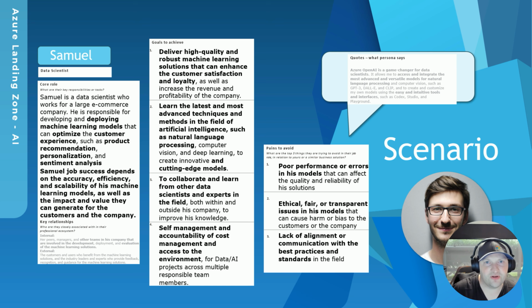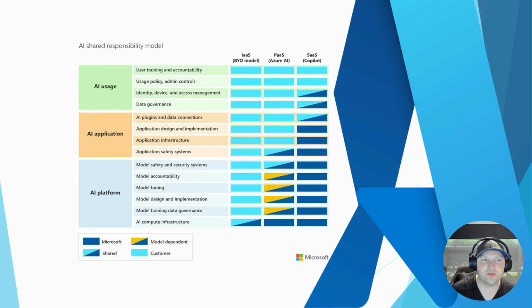So let's take a look at what that might look like. First, we'll have a look at the AI shared responsibility model. This is a model by Microsoft on really what's supported. So SaaS, as in Copilot, the majority of the Copilot resources are supported by Microsoft, which includes most of the application layer and all of the AI platform.